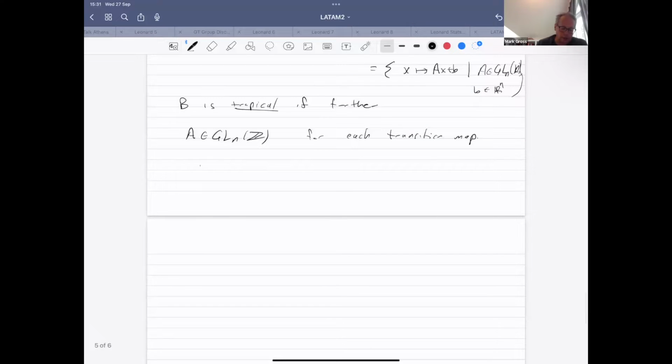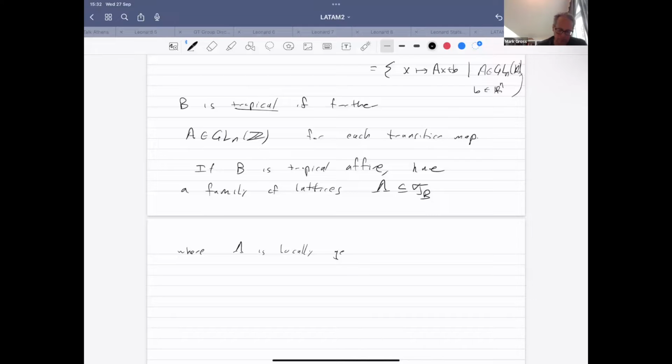So if B is tropical affine, we have a family of lattices, which I'll write like this, Lambda, contained in the tangent bundle of B. So we have one lattice in each tangent space of B, where Lambda is locally generated by vector fields ∂/∂y_1 through ∂/∂y_n, where y_1 through y_n are affine coordinates.